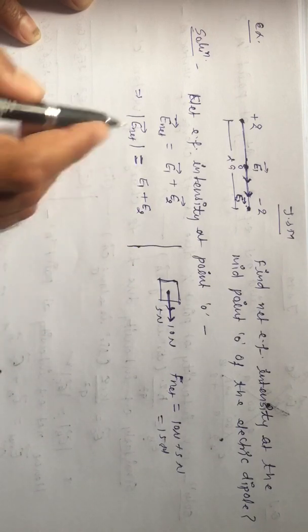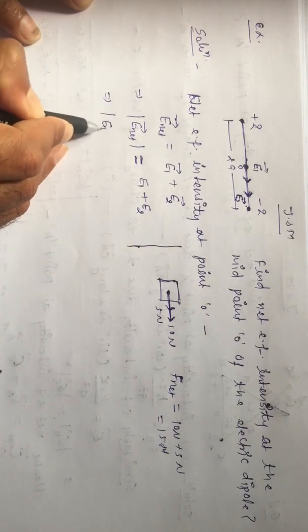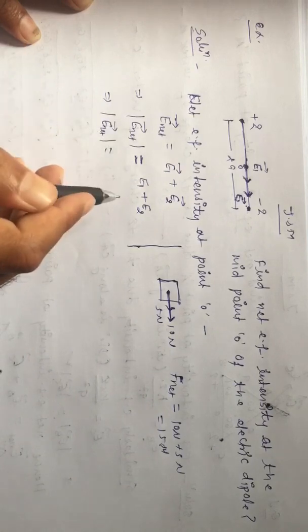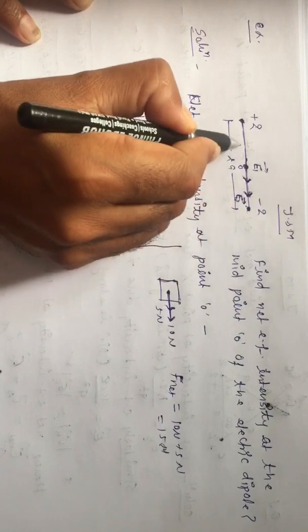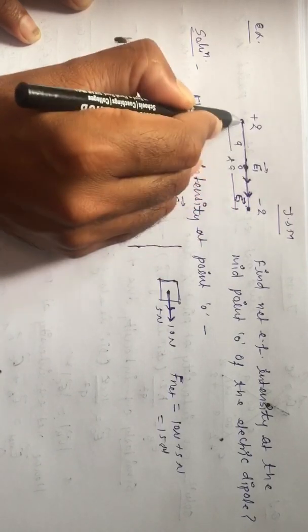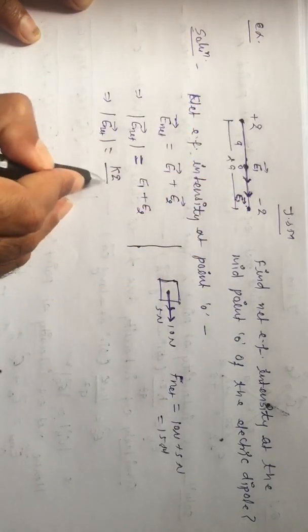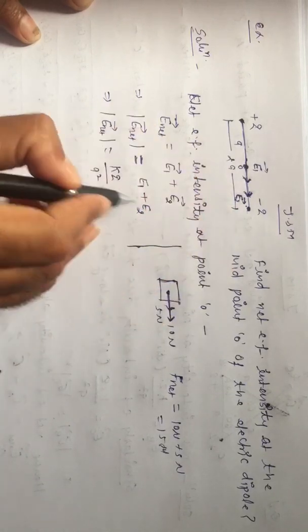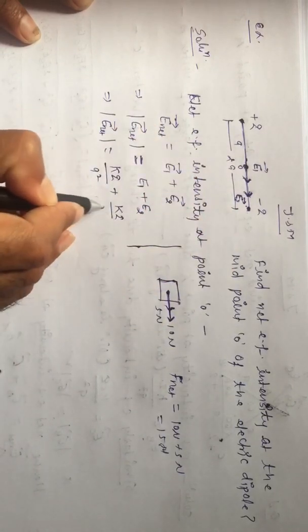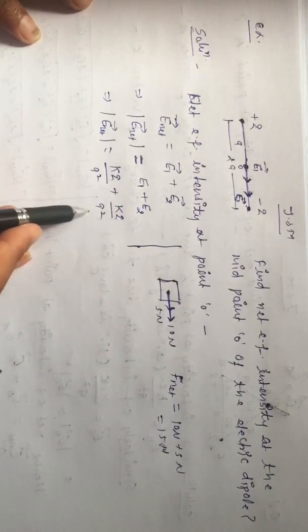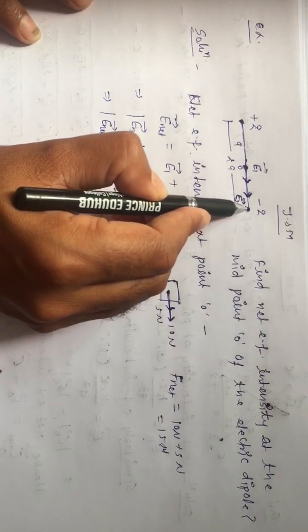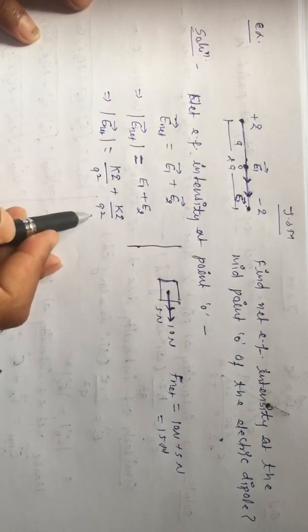So the magnitude of the net intensity comes from their algebraic sum, E1 plus E2. So E net equals, what is E1? KQ upon distance squared; the total distance is 2A, so the distance of the midpoint from the plus Q charge is A, so KQ upon A square, and again KQ upon A square due to minus Q charge. Some students write the magnitude as minus KQ upon A square. Dear students, the magnitude due to the minus Q charge is also KQ upon A square.